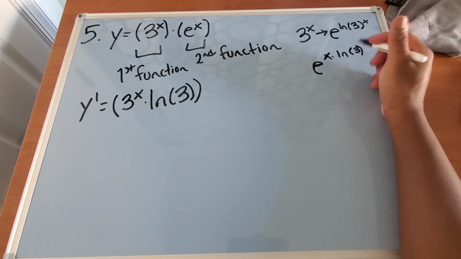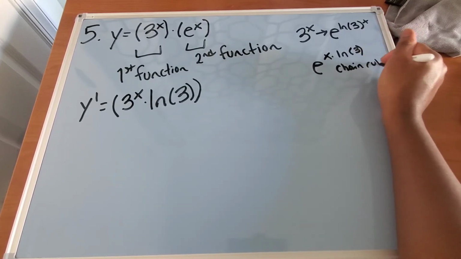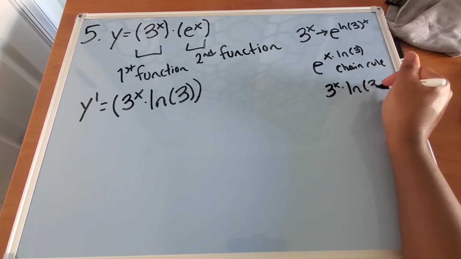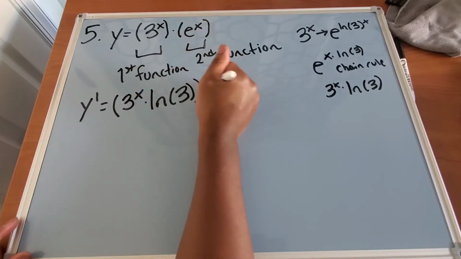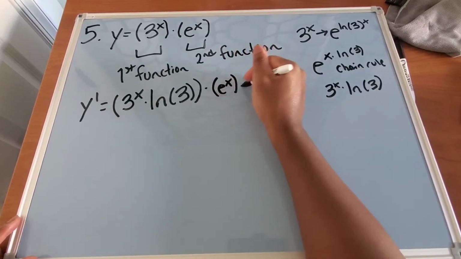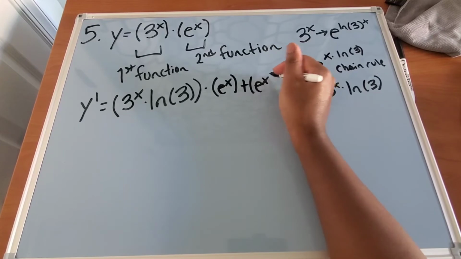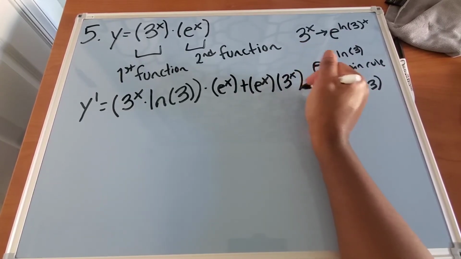And then solving this is a chain rule. So you'd use chain rule here, and you would get 3 to the x times natural log of 3. So that's how you actually find that. Times the second function, which is e to the x, plus the derivative of e to the x is e to the x, times the first function, which is 3 to the x.